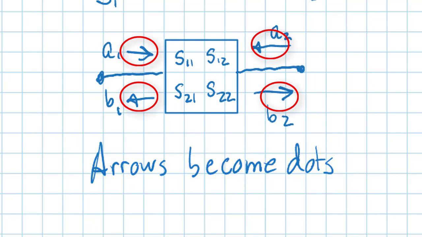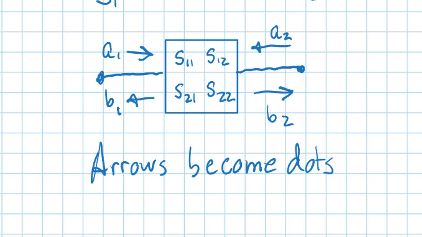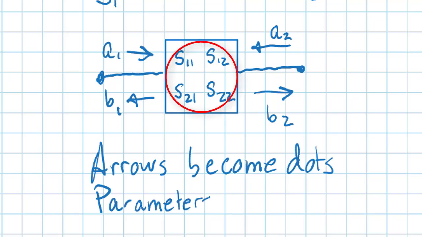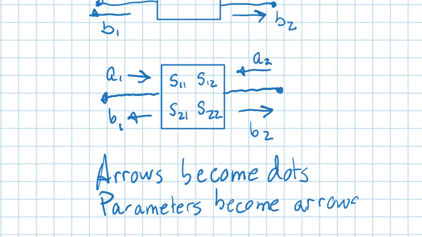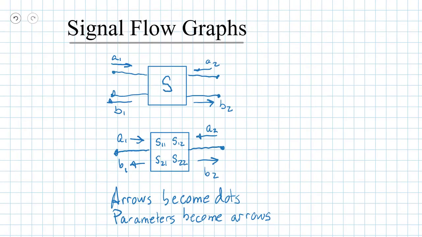Well, we don't exactly have dots, but what become the arrows in the flow graph are the parameters. So the parameters become arrows. So let's see how that works.